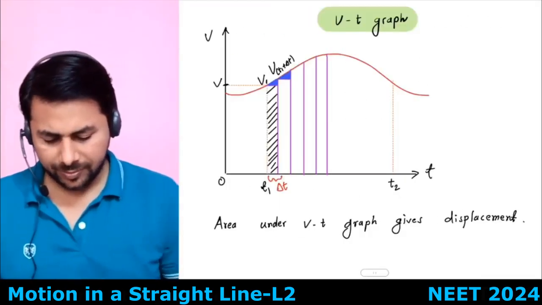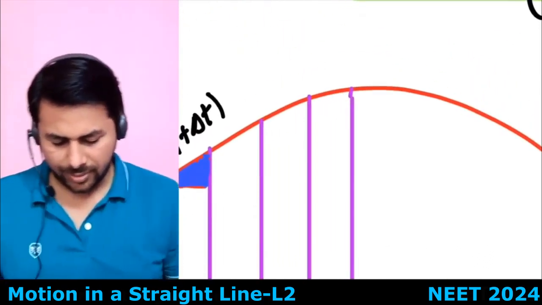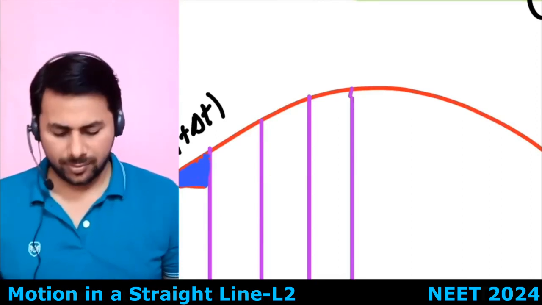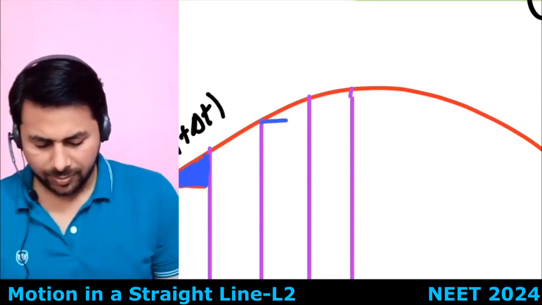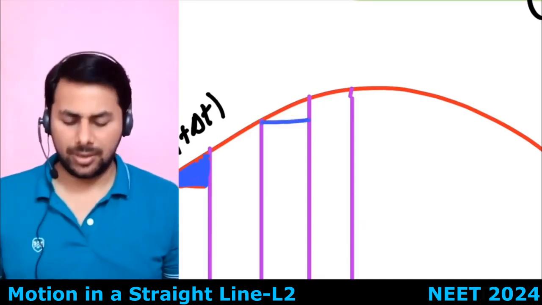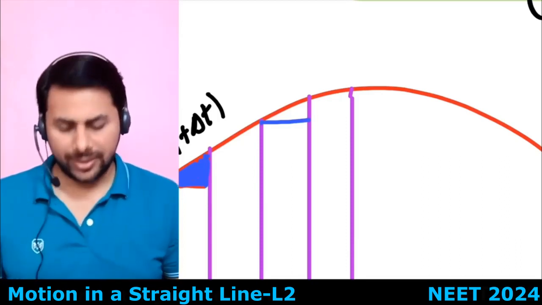How can you say that? For example, if you take the time interval equal to this, you will get the area of this rectangle. Now if you break down the time interval into two parts, what will you get?